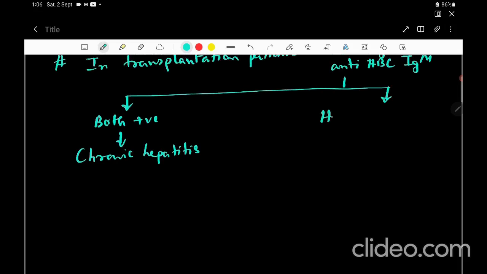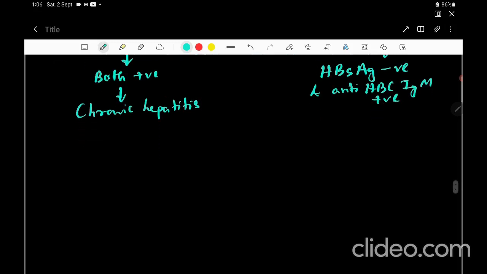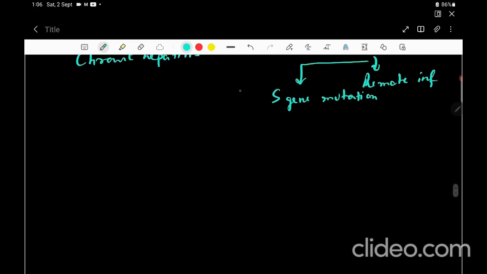And if HBsAg is negative and anti-HBC IgM is positive, then this can be a remote infection. Or this can be S gene mutation, that is occult infection or vaccine exposure.